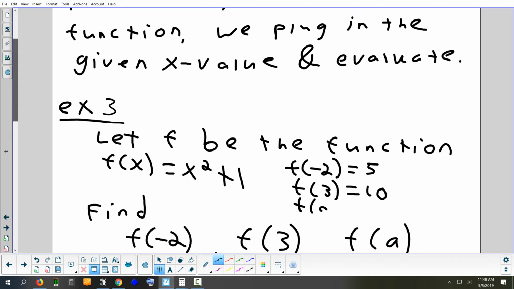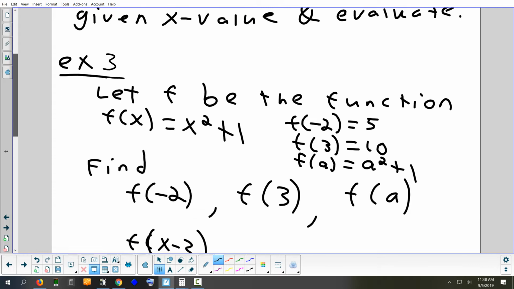How about if you plug in a for x? What would you get now? And don't overthink it, just literally plug in a for x, and that's all you can do. Yeah? A squared plus 1. And let's do one more.